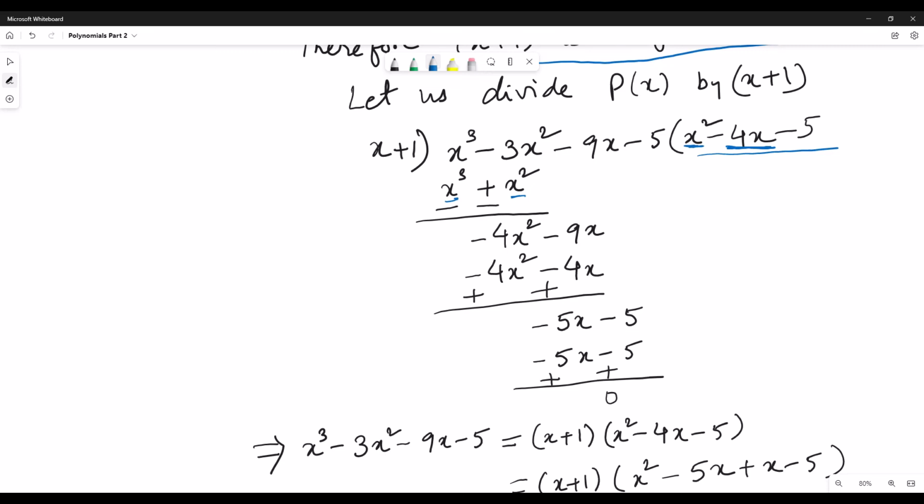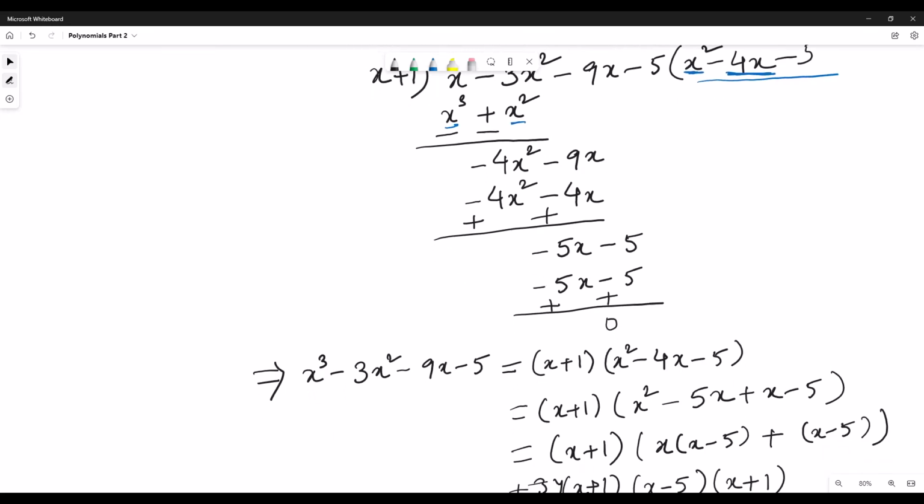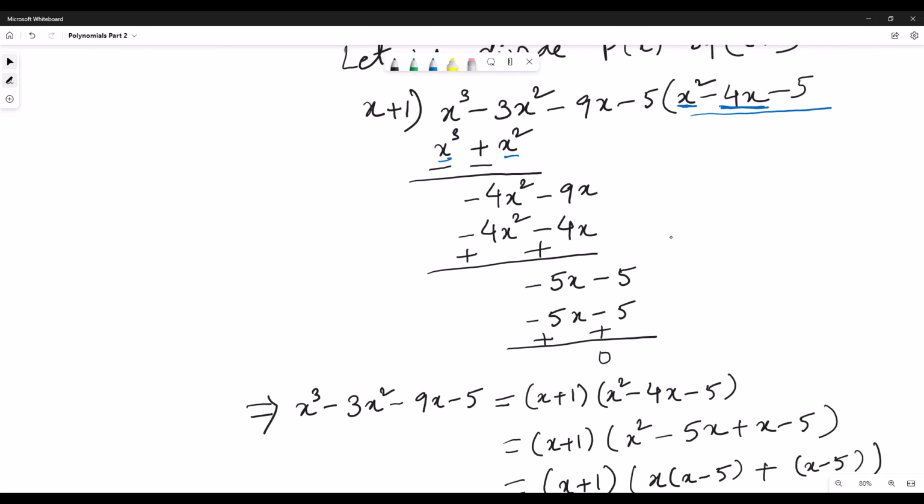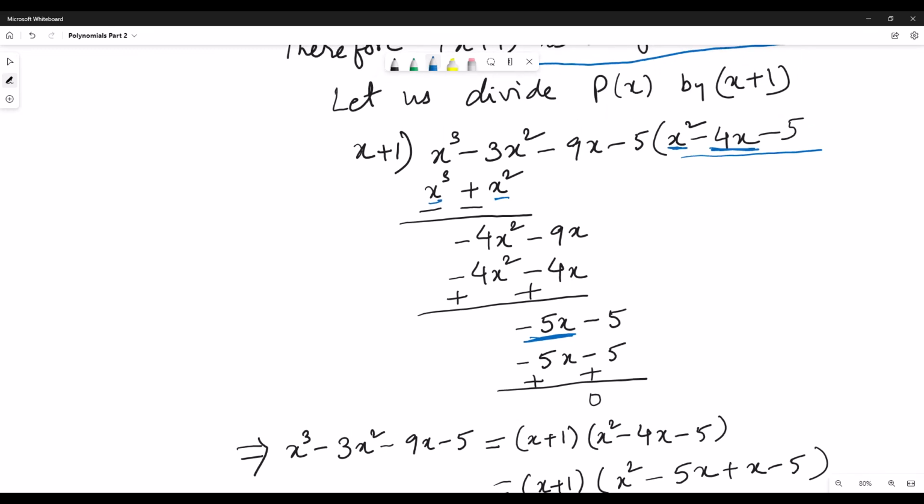Minus 4x multiplied with x is minus 4x square. So minus 4x square into minus 4x. When you subtract, the sign will change. So minus 9x plus 4x is minus 5x, minus 5. And we have to make minus 5x 0. So to make minus 5x 0, you will multiply by minus 5.